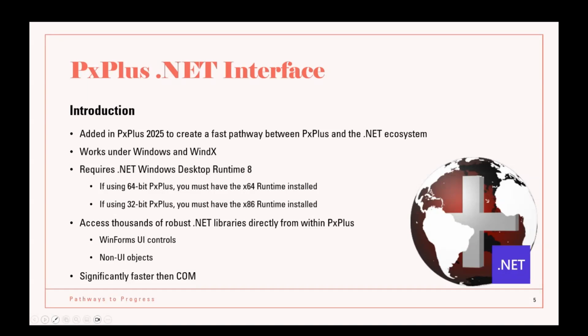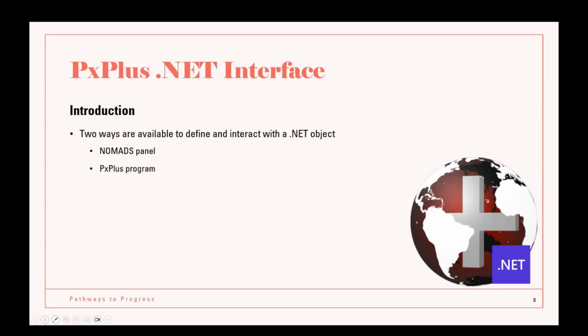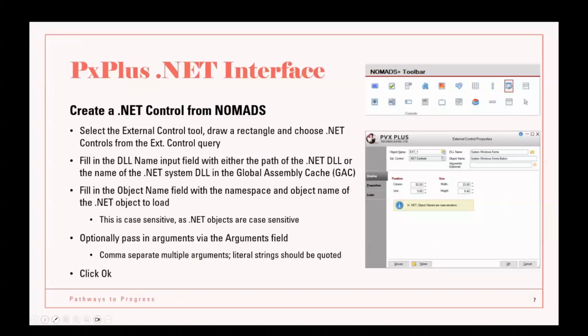We don't have those constraints with .NET. So there are two ways you can use it within PxPlus. If you're using Nomads, from the Nomads panel designer you can create a .NET control and access its properties. You can also do everything from a PxPlus program. So if you're non-Nomads, this all can still work, and you can do everything from code.